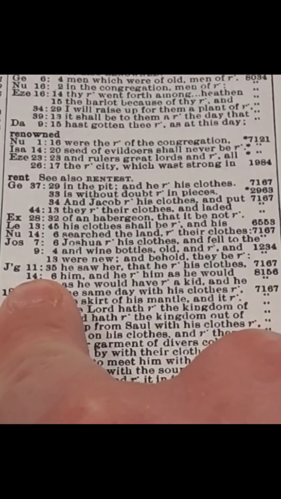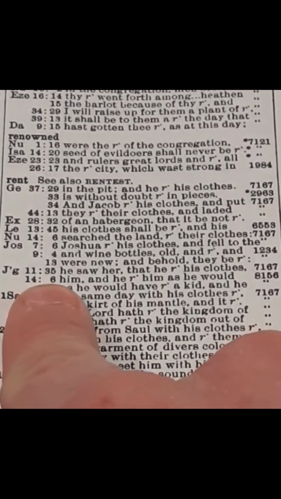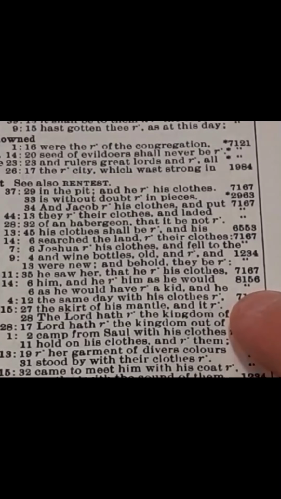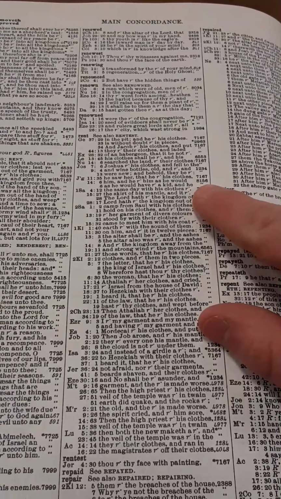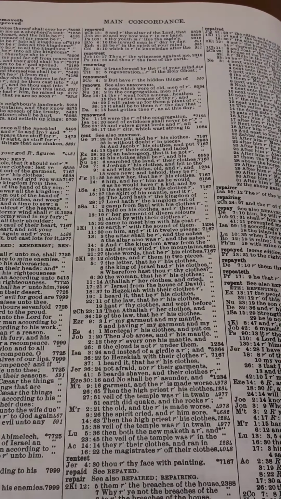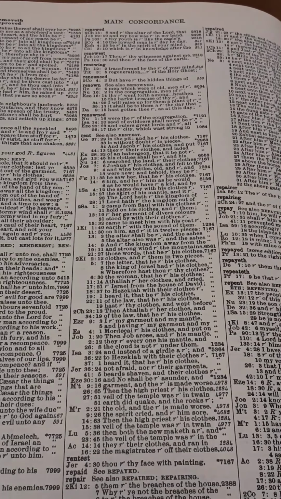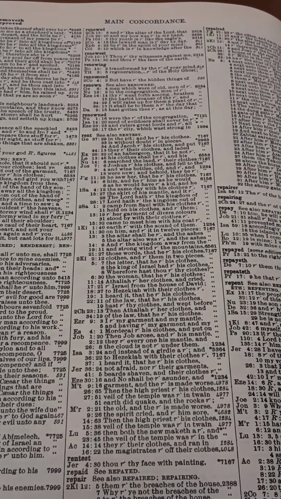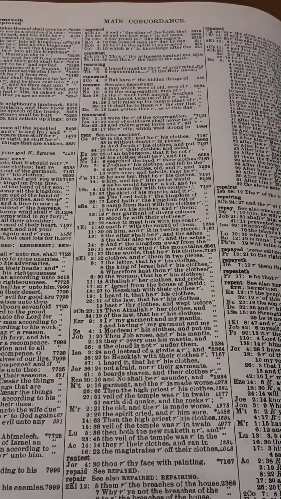It is Judges chapter 14, verse number 6. And you'll also see these little quotation marks here. That just means when the quotation mark is in place of a number, that just means that the number right above that is the same number used in this verse. So we're going to look up Judges chapter 14, verse number 6.